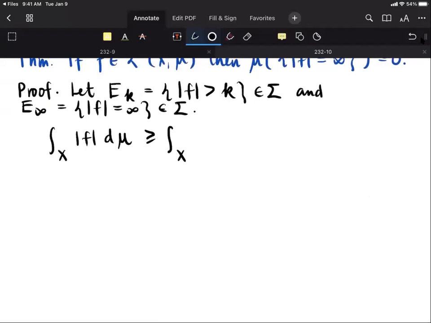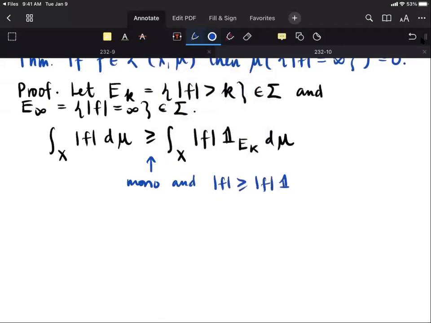Then, by monotonicity, you apply monotonicity and the fact that the characteristic function is less than or equal to 1. Therefore, you have this inequality here.